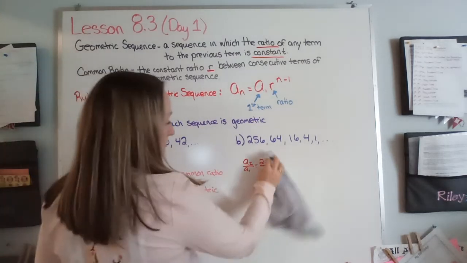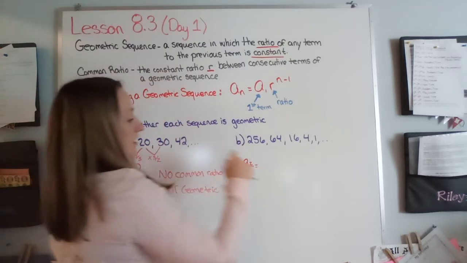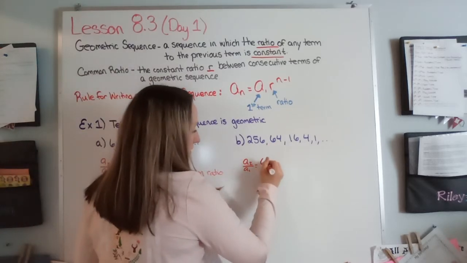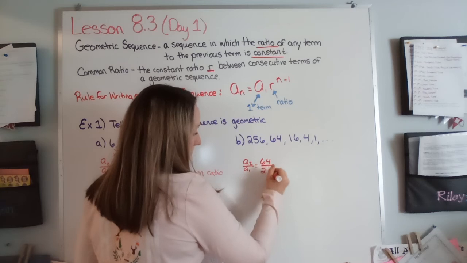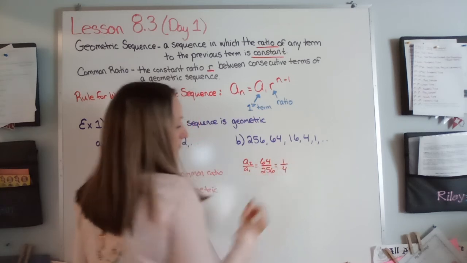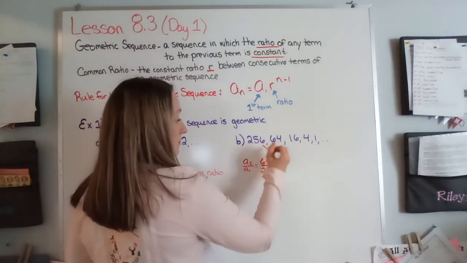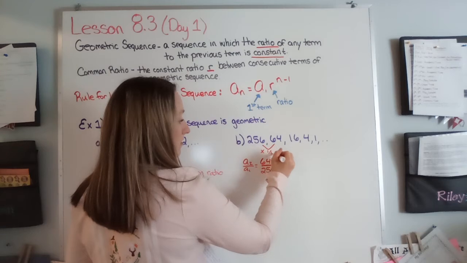I said a sub 2, but then I wrote a sub 1. Start over. So it's 64 over 256, which simplifies down to 1/4. Okay? So that means we're multiplying by 1/4.